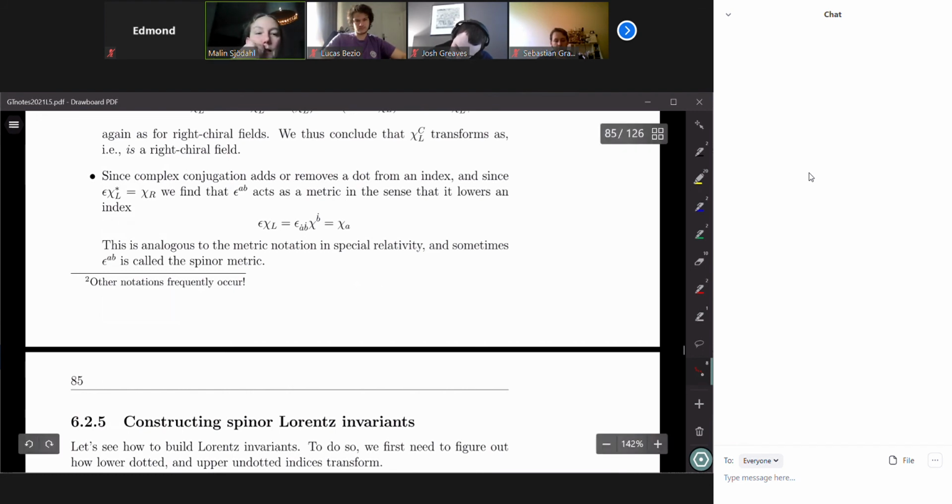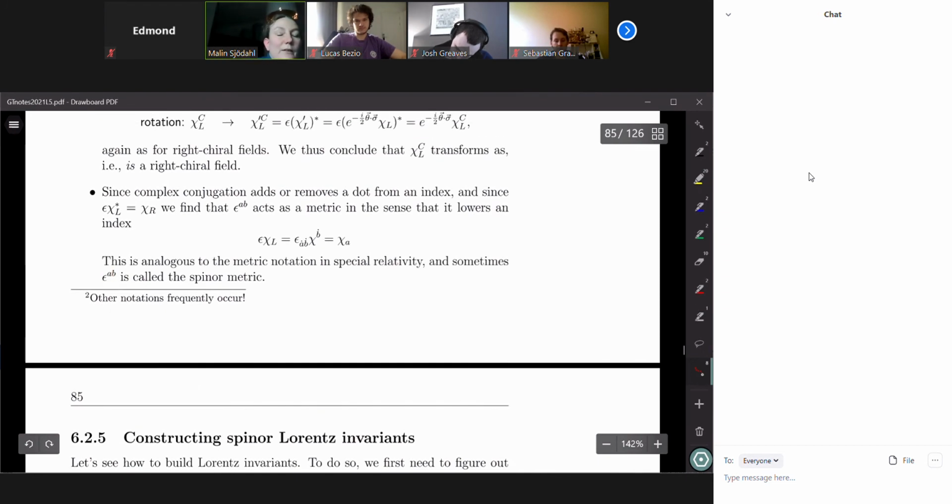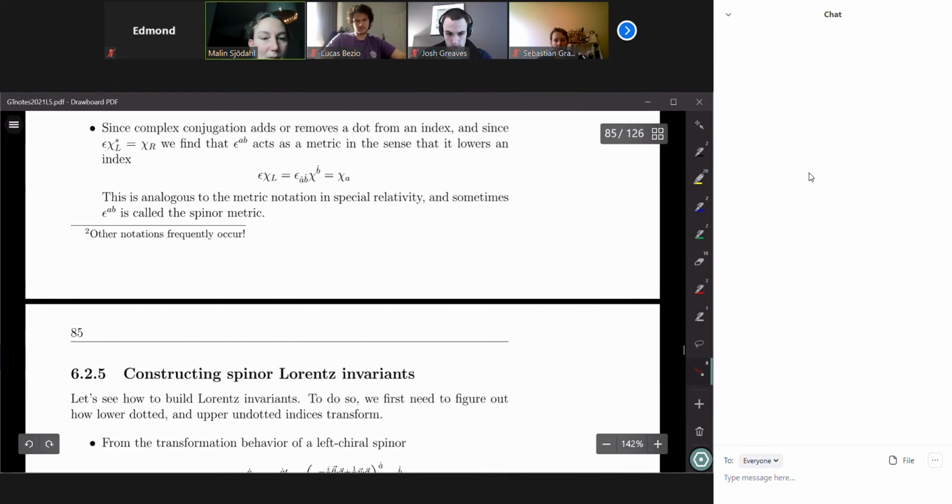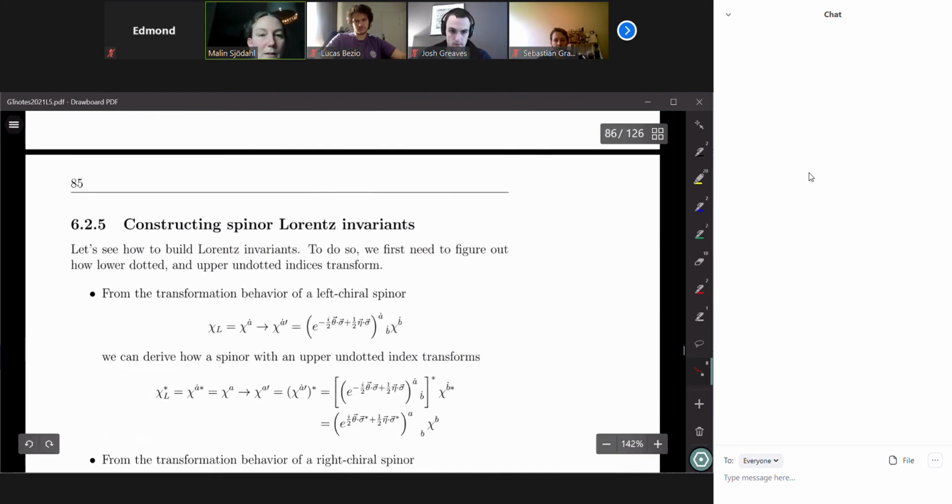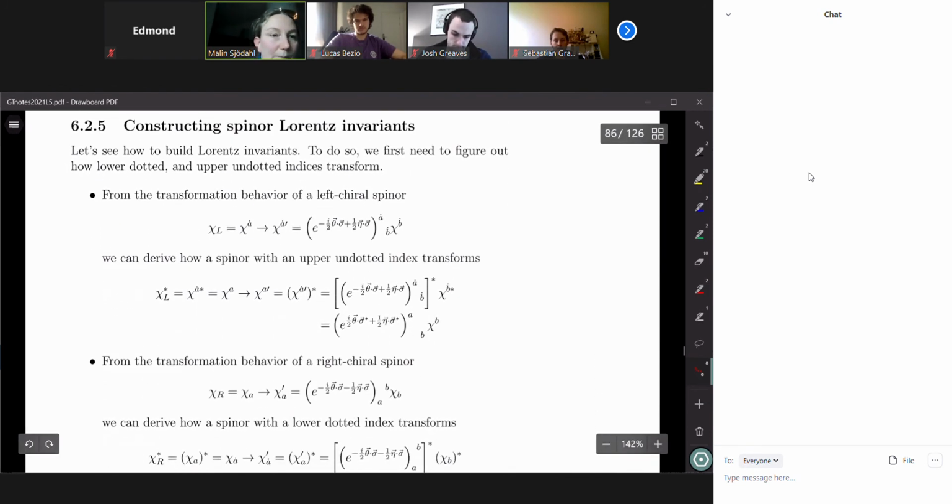So in this way, epsilon acts as a metric. So it is in fact called the spinor metric. For reasons soon to be explained, I'm not a big fan of that word, but it exists, so it's nice if you have heard it.